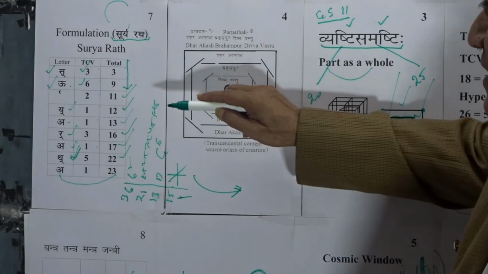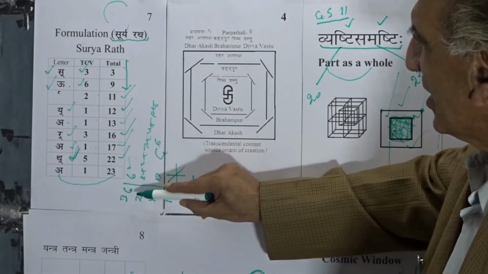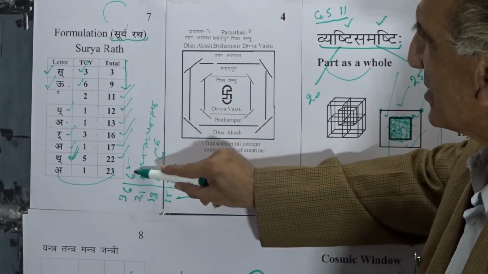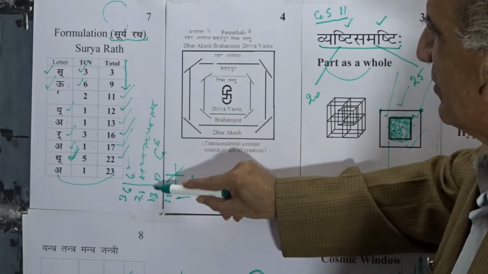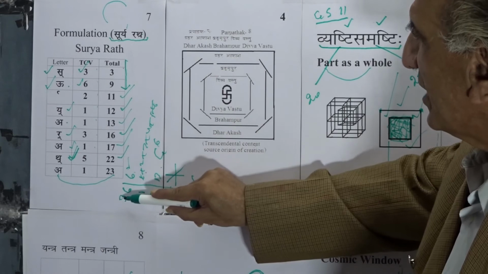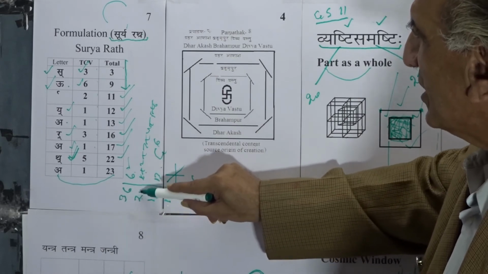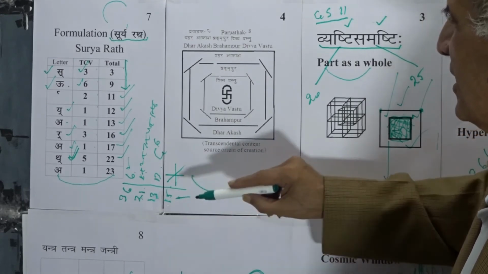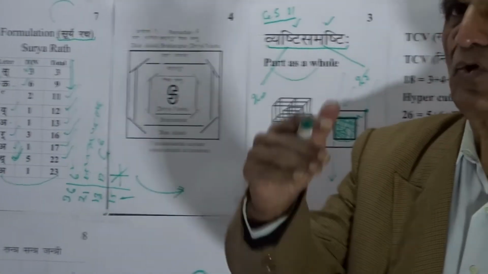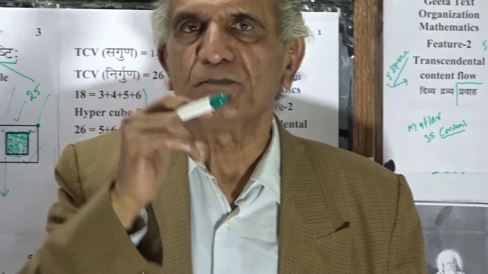So how big a figure is it? 36 will be into 10 raised to power 7, 21 will be 10 raised to power 5, 13 will be 10 raised to power 3. So it is 36 crores 21 lakhs 13,000 and 151. So big is the value.